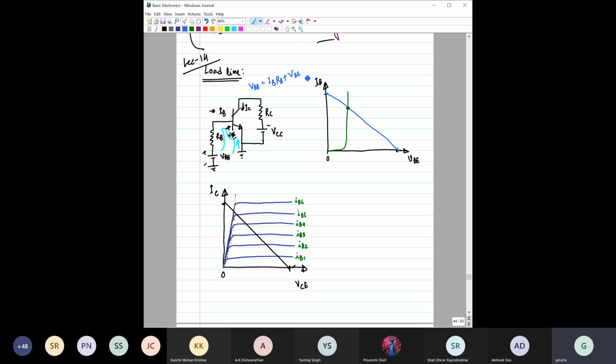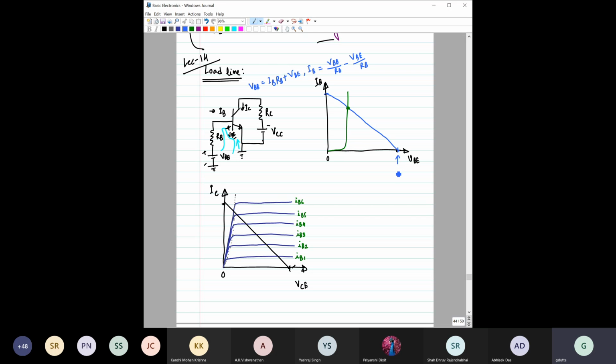Or in other words, the value of IB will be equal to VBB by RB minus V_BE by RB. Now, if we consider the case where IB is equal to 0, along this x-axis, then if you put IB equal to 0, we find V_BE will be equal to VBB. So here, this is the point where IB equals 0.